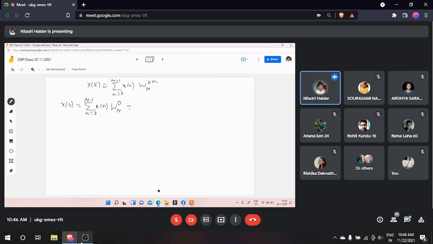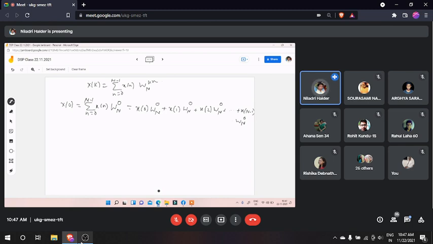And if you replace n equal to 0 to N minus 1, the values that you will get are like that: x0 Wn^0 plus x1 Wn^0 plus x2 Wn^0 plus up to xN-1 Wn^0.